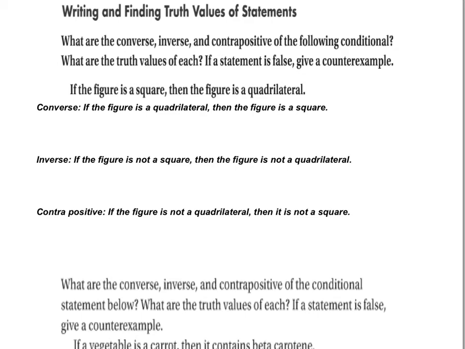So I need to write a converse. Remember, with the converse I take the hypothesis and the conclusion. I'll mark this on here. This is the hypothesis. This is the conclusion. On the converse, I'm just going to take the hypothesis and the conclusion and flip spots. So the converse says, if the figure is a quadrilateral, then the figure is a square.